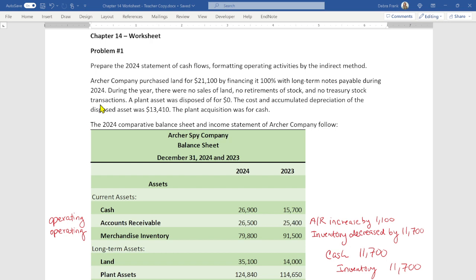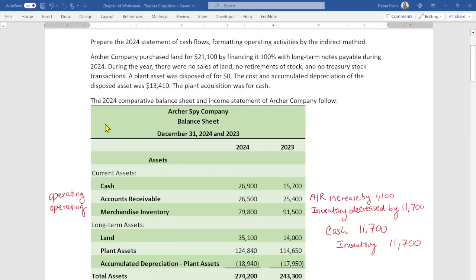So that land in the long-term asset section, that was a non-cash activity. So let's remind ourselves that this is actually not an investing activity. It is a non-cash activity, and so we'll use that later.